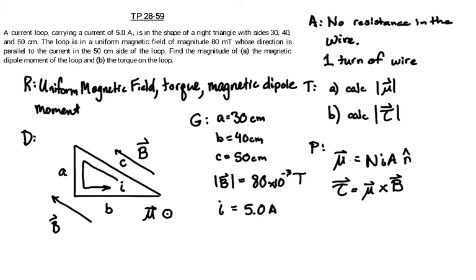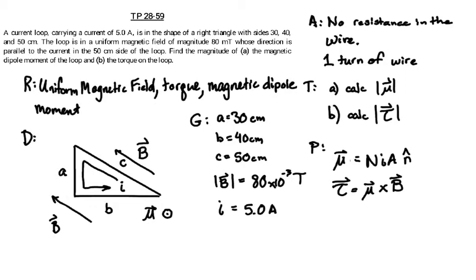We're going to see some torque acting on that object if it's aligned perpendicular to the magnetic field. And how much torque that material or that loop of electric current receives helps describe the magnetic dipole moment. So that describes what that is.